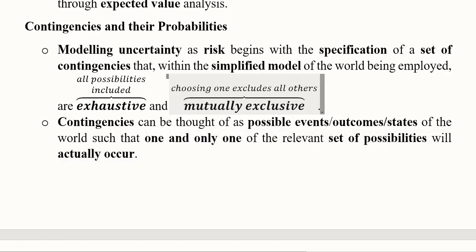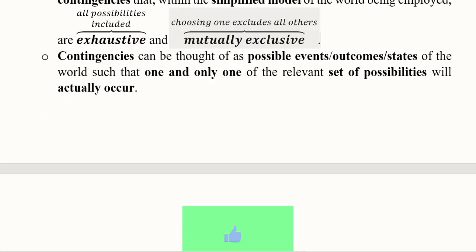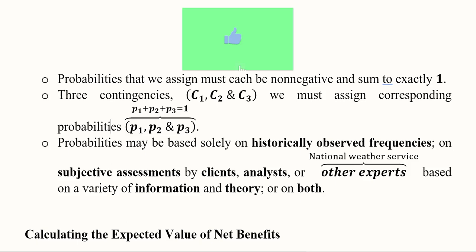Definitely, if it rains, then it will not be the situation where it doesn't rain, or if it doesn't rain, then rain cannot happen. So these are mutually exclusive outcomes, contingencies, or states of nature. Now we have a numerical and symbolic depiction of these contingencies. We know that the sum of the probabilities is equal to 1.